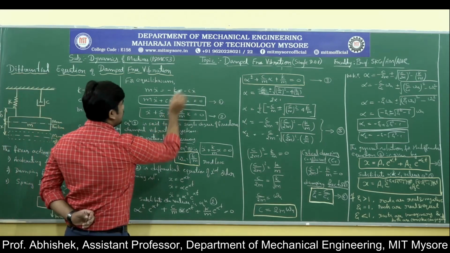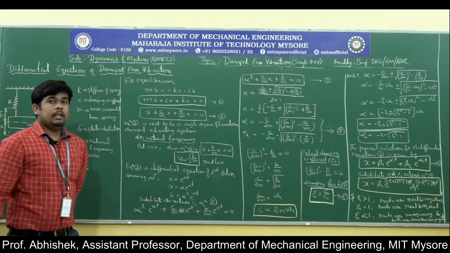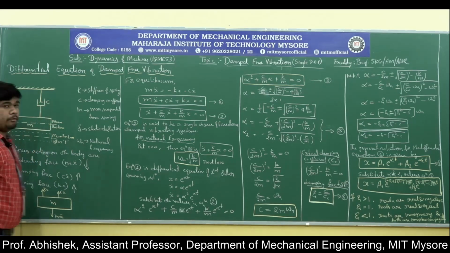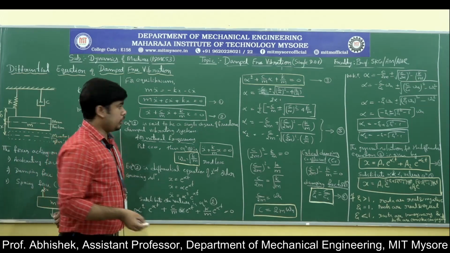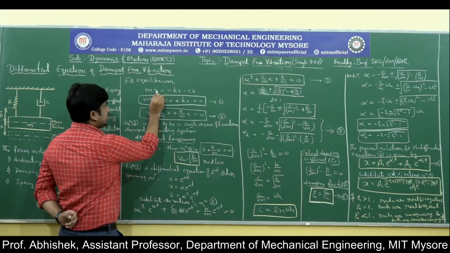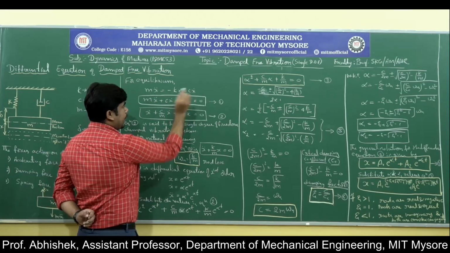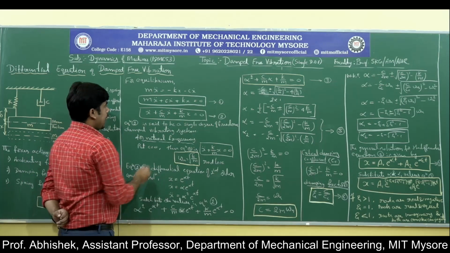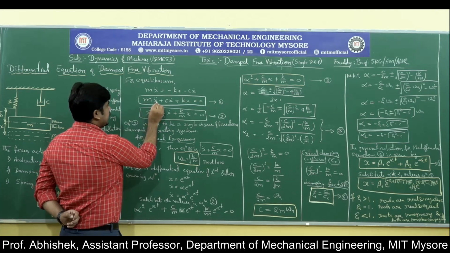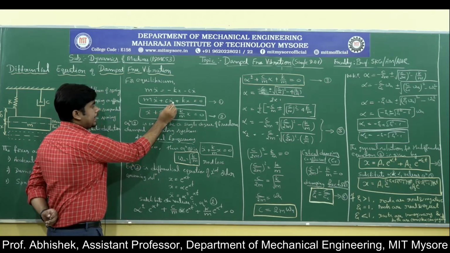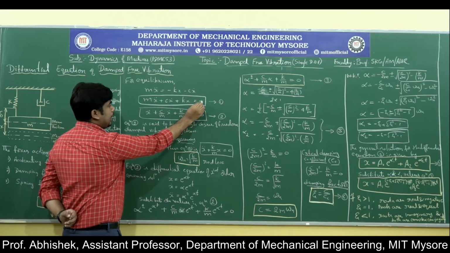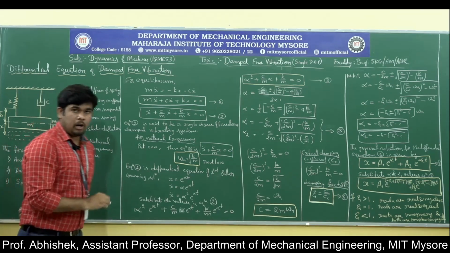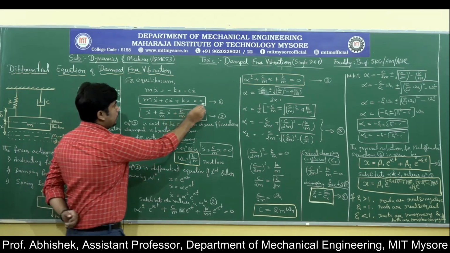Then we have c x dot, the damping force, which also acts in the opposite direction. So m x double dot is equal to minus k x minus c x dot. I'll shift those terms to the left hand side, so it becomes m x double dot plus c x dot plus k x equal to 0.